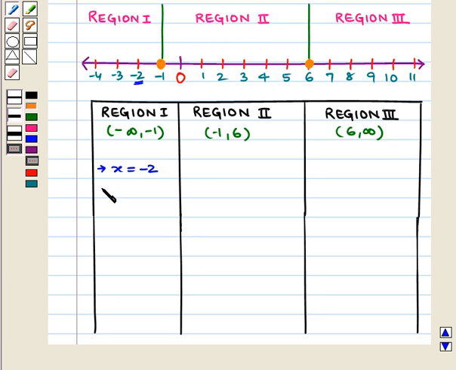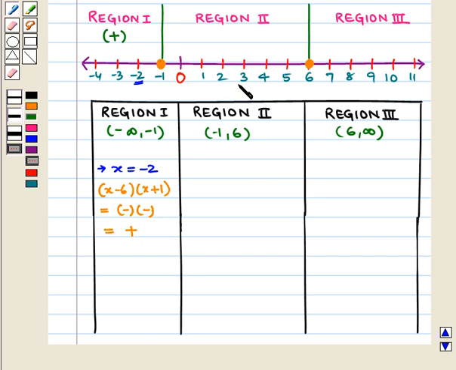So, sign of the product (x - 6)(x + 1) is equal to minus into minus, which is equal to plus. So we write a plus sign on the number line for this region.